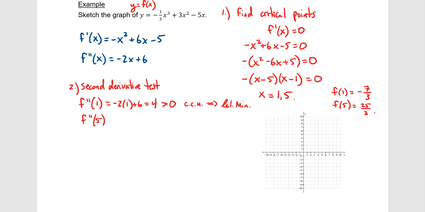And let's plug in 5. That's negative 2 times 5 plus 6, which is negative 10 plus 6, which is negative 4, which is negative. Negative second derivative, concave down. Concave down means relative max using the second derivative test.